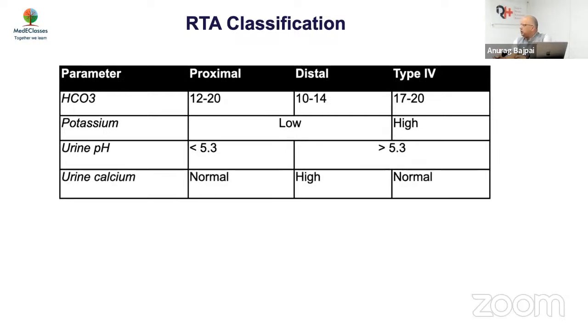Urinary calcium is usually high in distal, but a high urinary calcium does not exclude proximal RTA. We have discussed that proximal RTA also has hypercalciuria. Why do you have hypercalciuria in RTA?